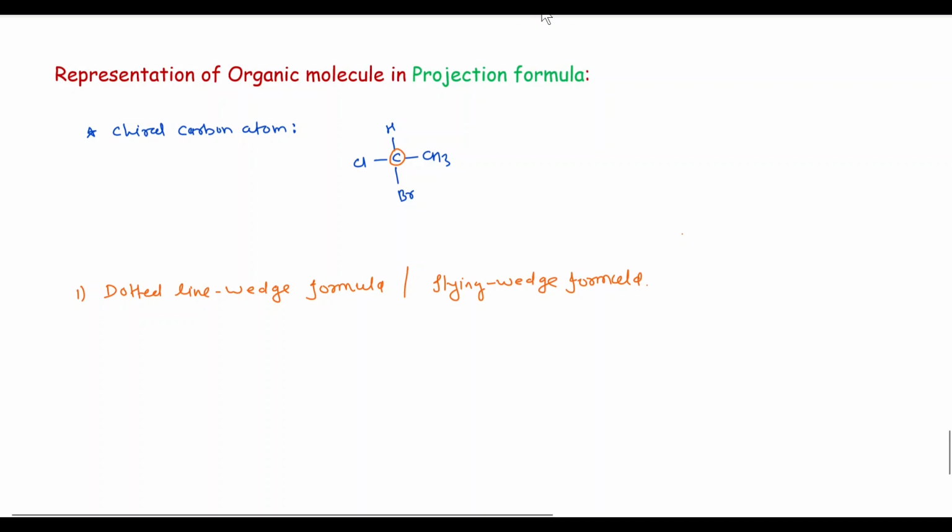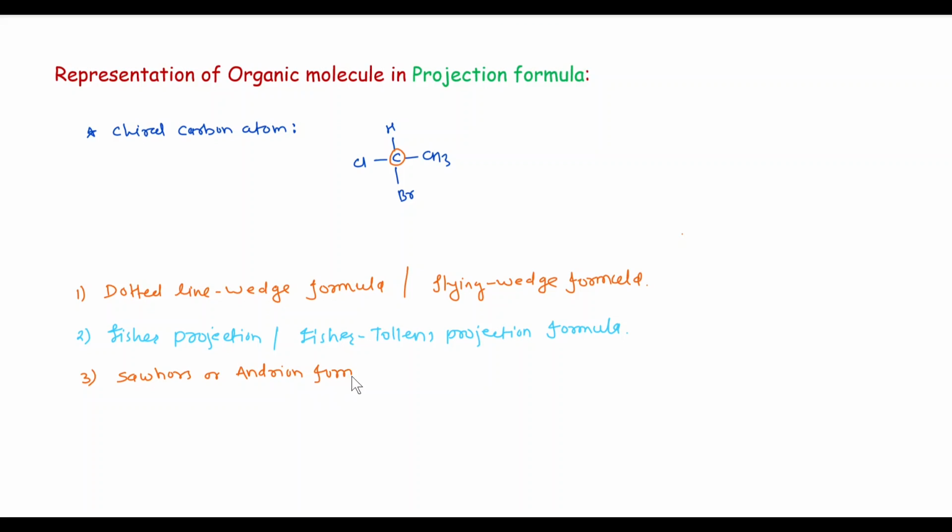The second type is the Fischer projection or Fischer-Tollens projection. The third type is the Sawhorse or Andreon projection formula. And the fourth type is the Newman projection formula.